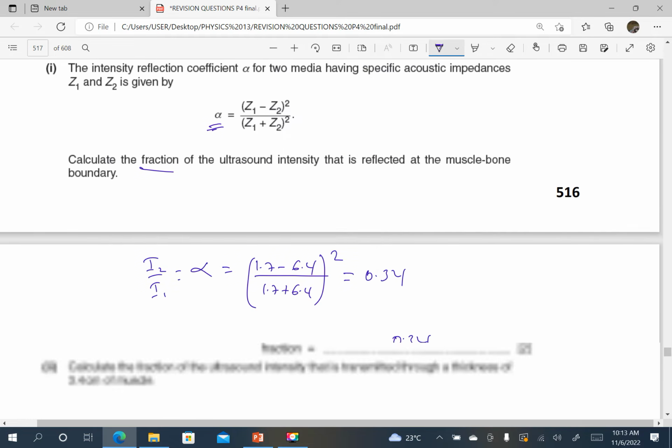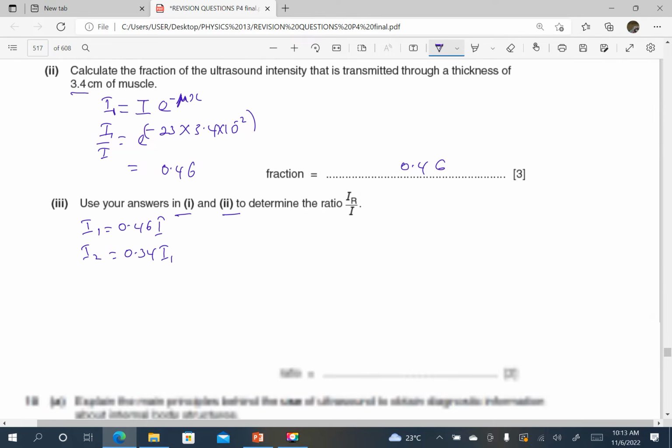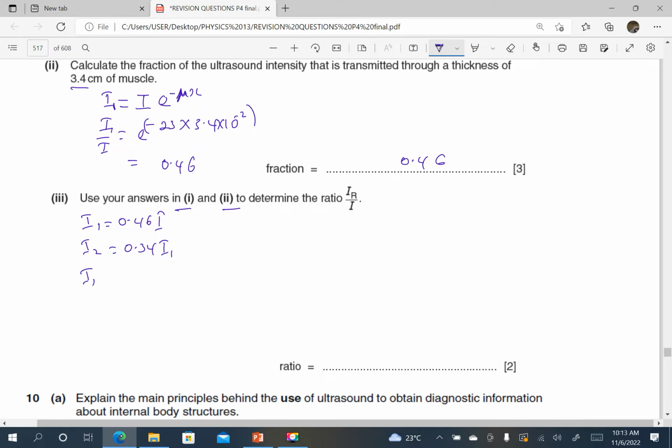So you can find the intensity transmitted back. IR is what has been transmitted, but what is incident in the opposite direction is I2 times e power negative mu x. So it means IR is going to be, of course, this one is going to give us the same value as before. So this part here is 0.46. So IR is going to be 0.46 again times I2. Then we do back substitution. We bring in I2 in this equation.